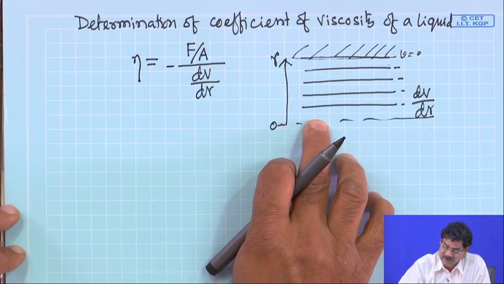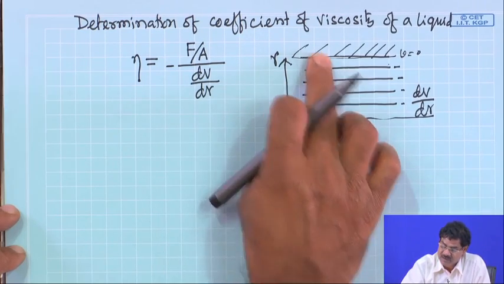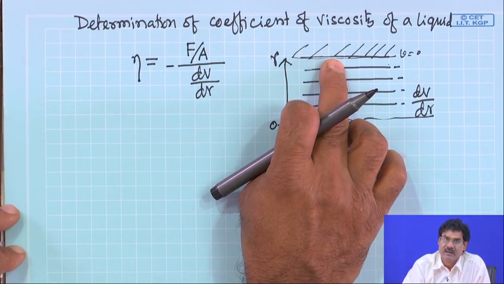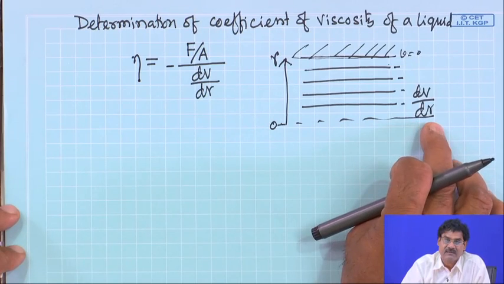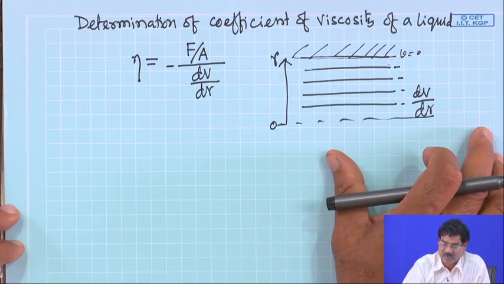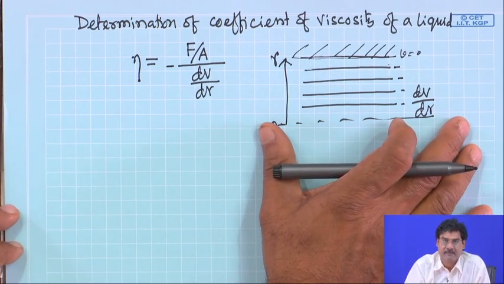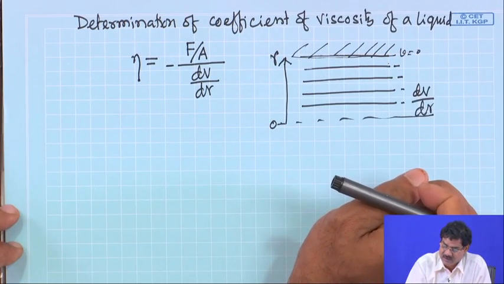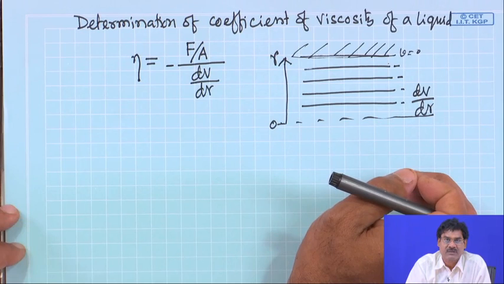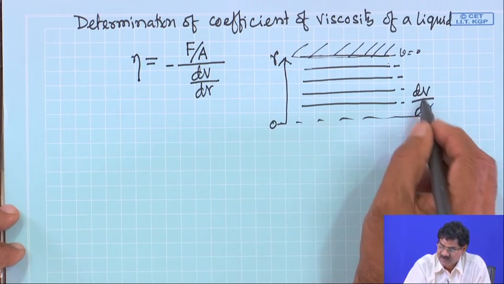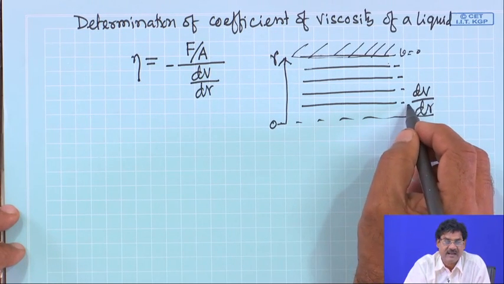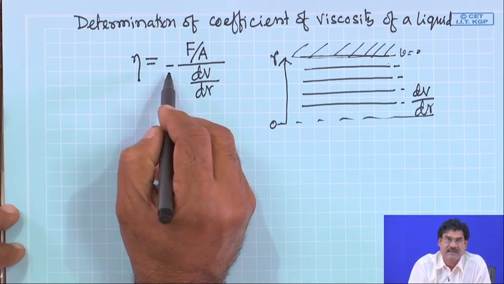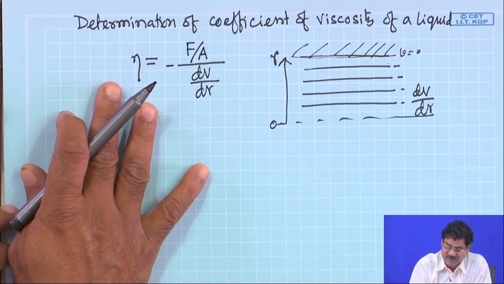When you are going in, r is increasing, velocity is decreasing, and at the center we can take the velocity is maximum, or some velocity v, and when you are going to this static surface, velocity is going towards 0. So, that is why this dV by dr is negative. That is why this negative sign has come. So, this is the definition.